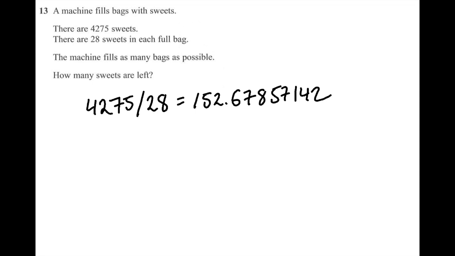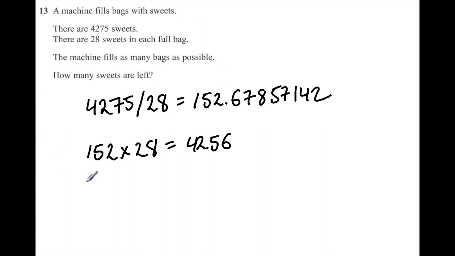To find the remainder of sweets, I'm going to multiply 152 by 28. So 152 times 28 equals 4,256 sweets. To find the remainder of sweets, I'm going to subtract 4,256 sweets from 4,275 sweets.